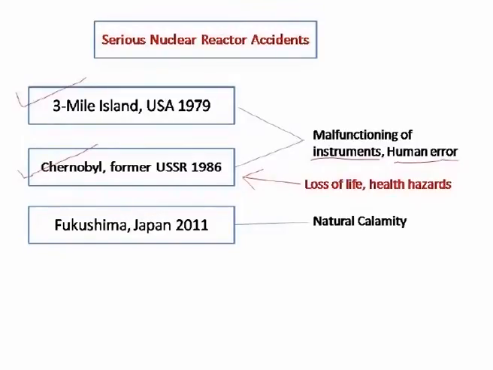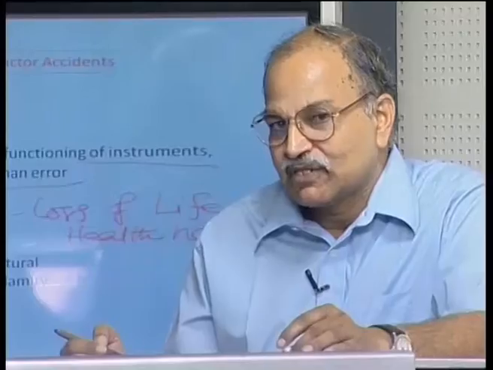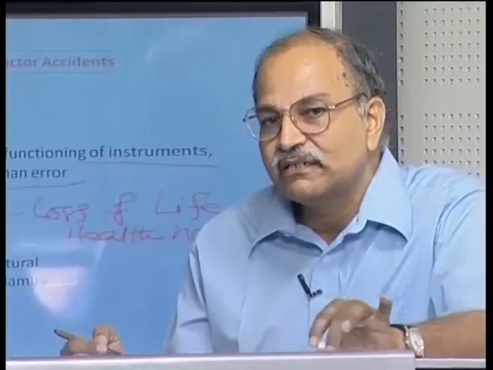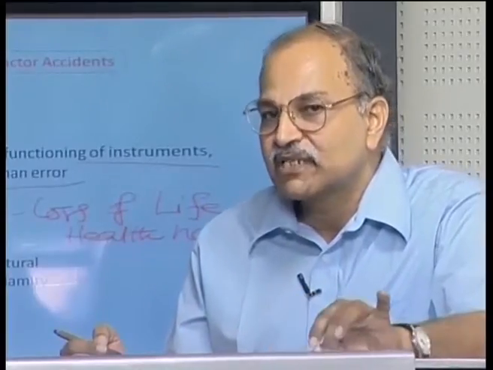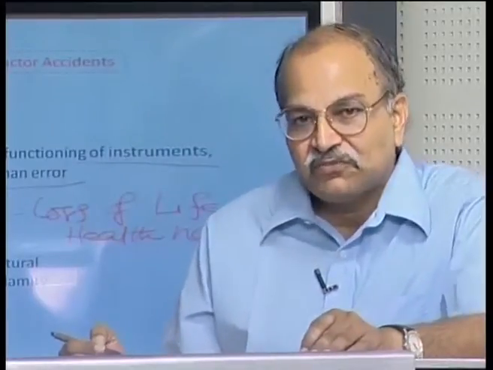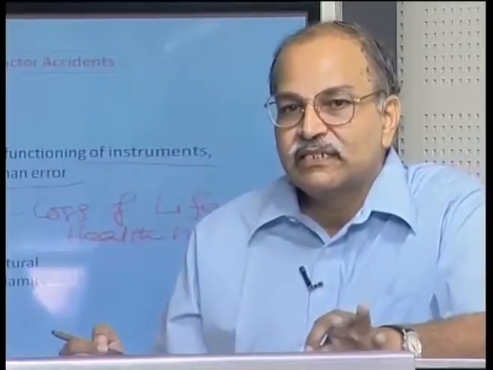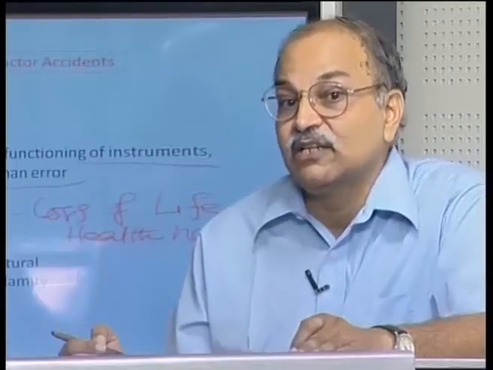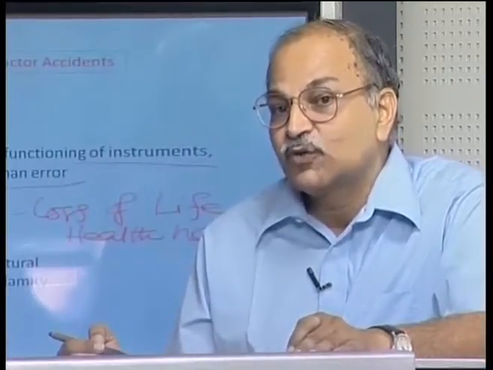This is the worst, and very recently, as everyone knows, in Japan, Fukushima in 2011, there was no human error and no instrument failure here, but it was a natural calamity. When 15 meter tsunami waves entered the complex, they disrupted the power supply and the cooling could not be done. Although the reactor was shut down automatically by design, even when it is shut down the radioactive decay continues and creates heat, and that could not be cooled.